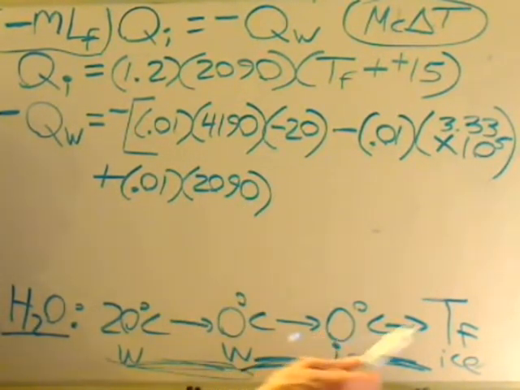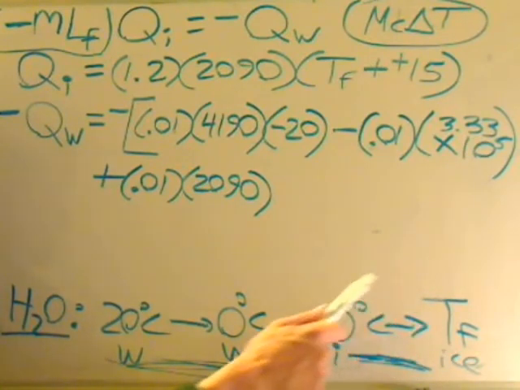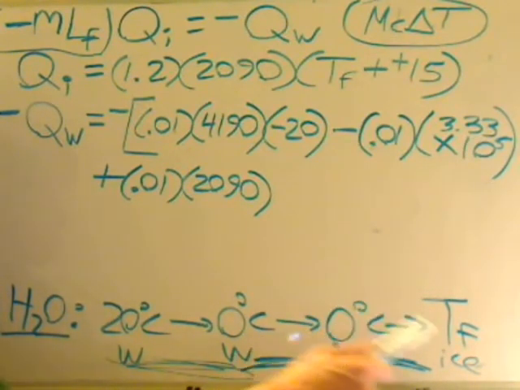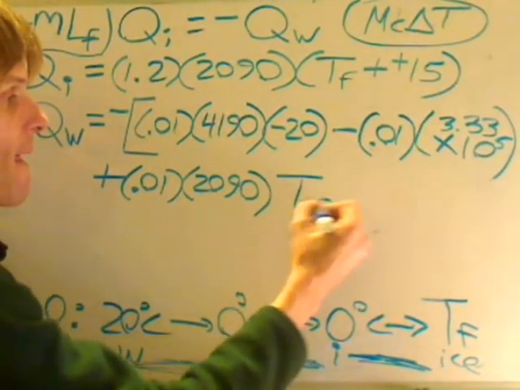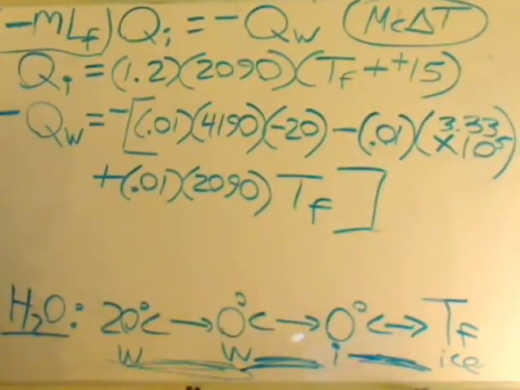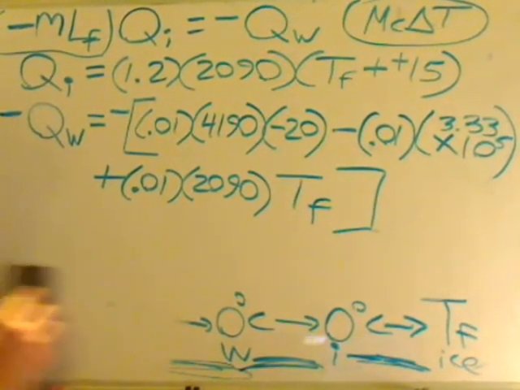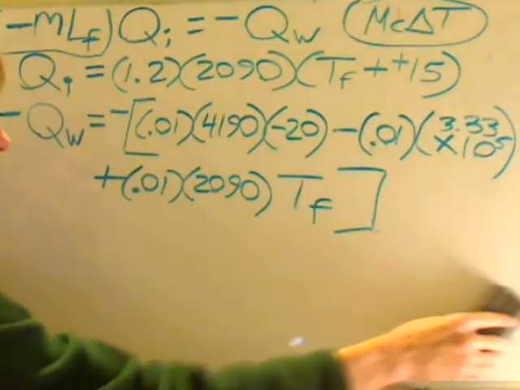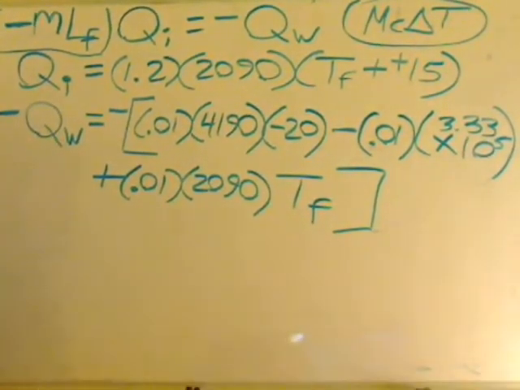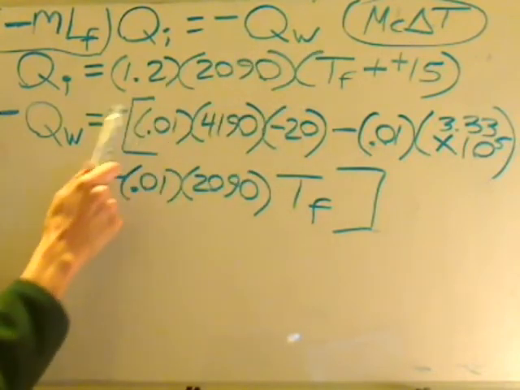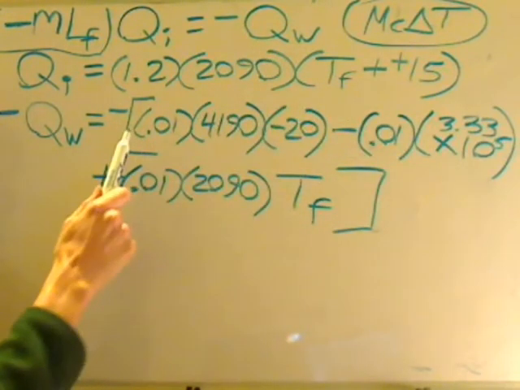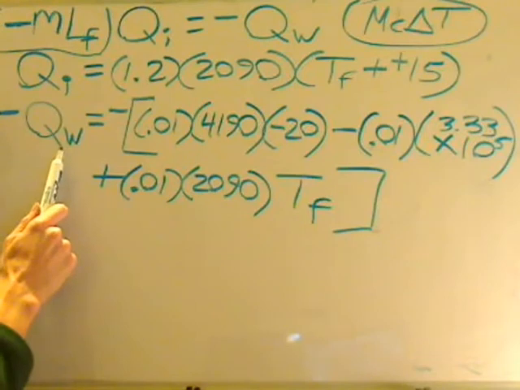And the temperature change is T final minus 0, which is just T final. All in the brackets there. So this has to be equal to this whole thing: Q of the ice equals the negative Q of water.